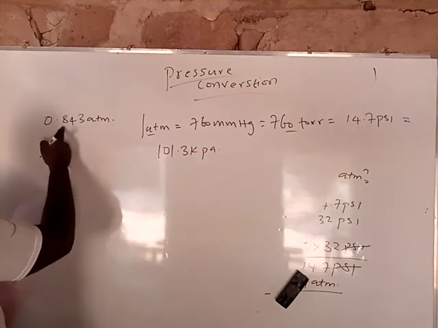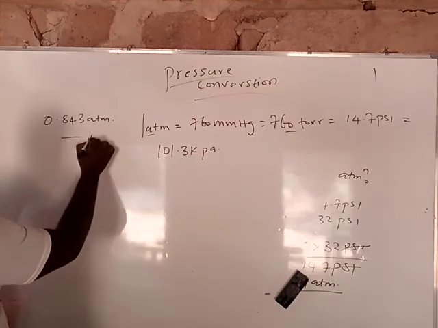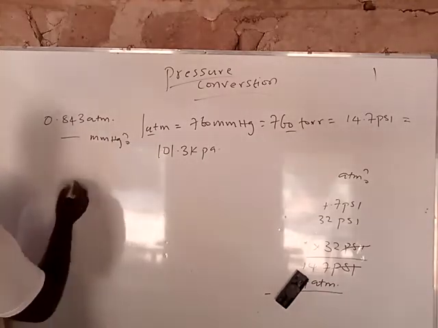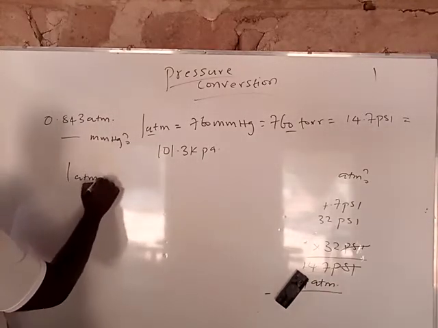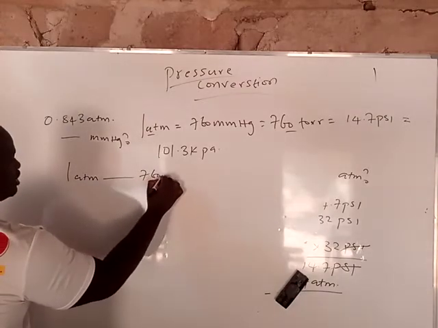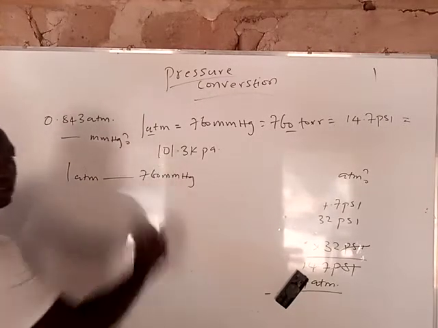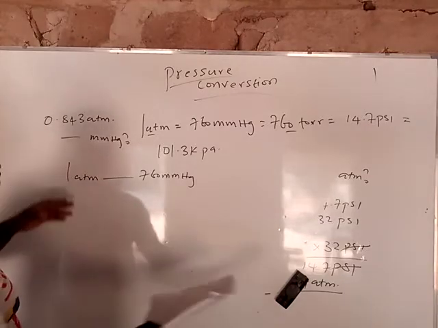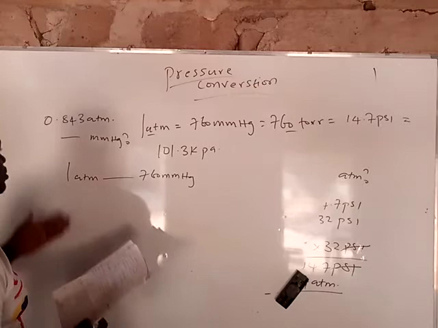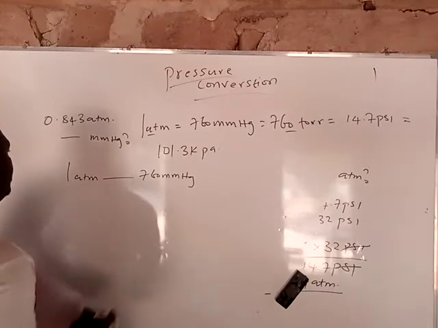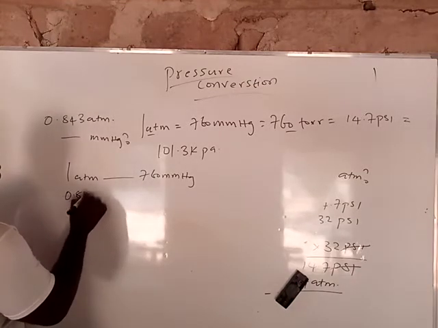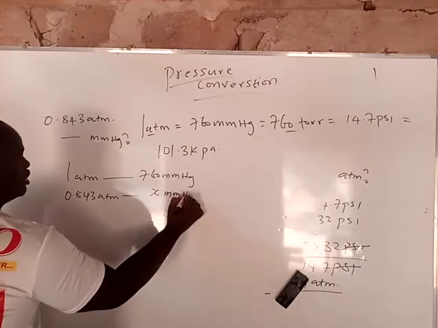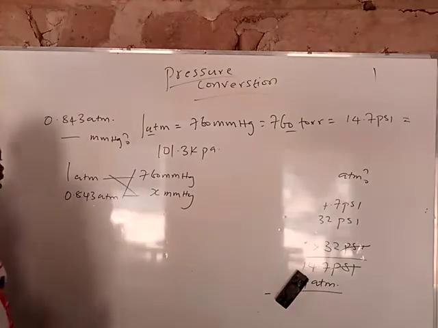So you have atm. They want to know the pressure in millimeters of mercury. You already know that 1 atm is 760 millimeters of mercury. Unlike before, when we were finding atm, now they want us to calculate the pressure in millimeters of mercury. So 0.843 atm will give you what in millimeters of mercury? It's so easy, guys. All you need to do is cross multiply.